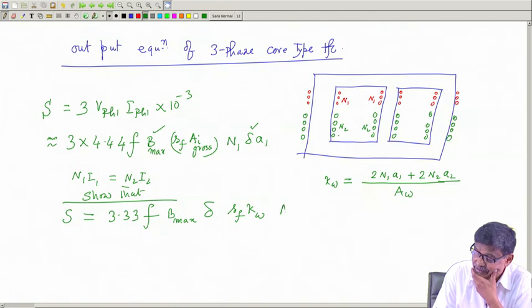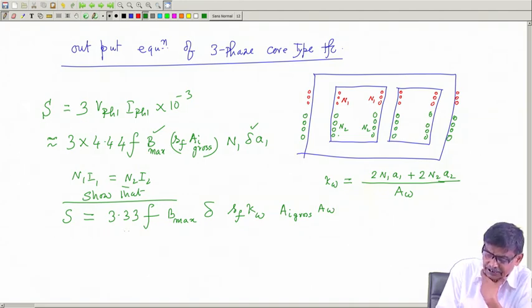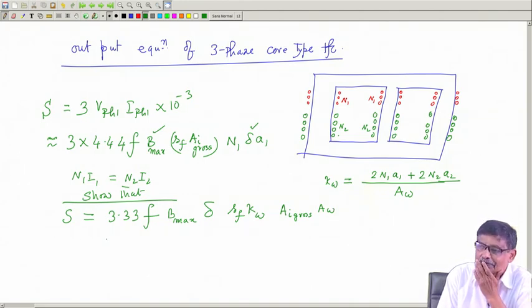Note that for a single phase transformer it came as 2.22, but in 3 phase it is 3.33 f B max delta S f K w A i gross A w.